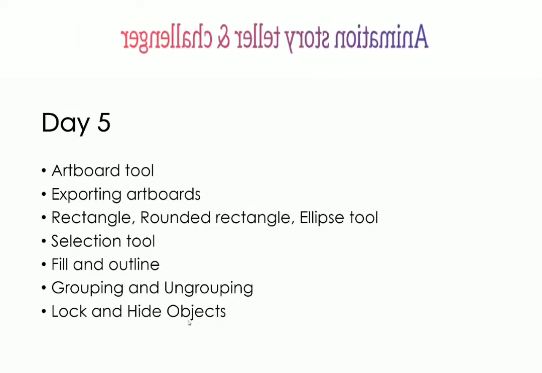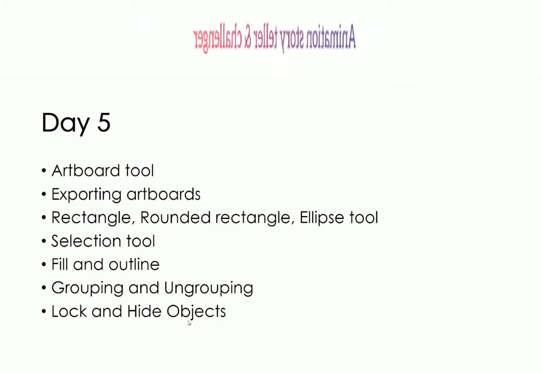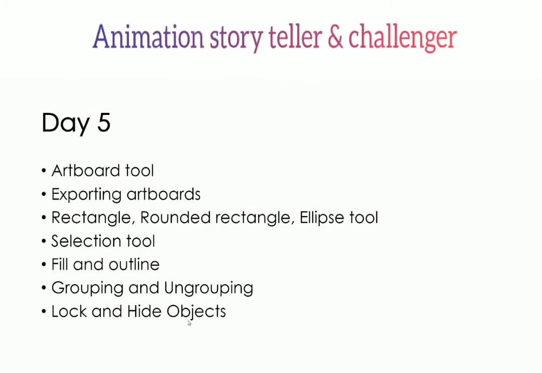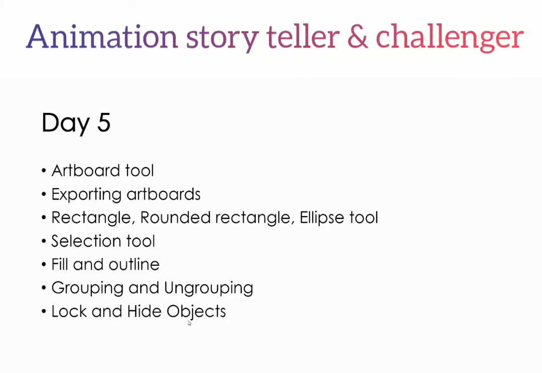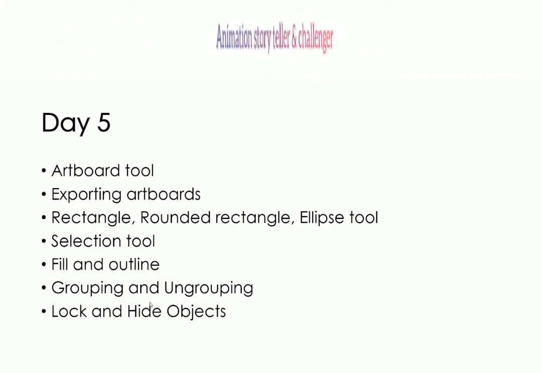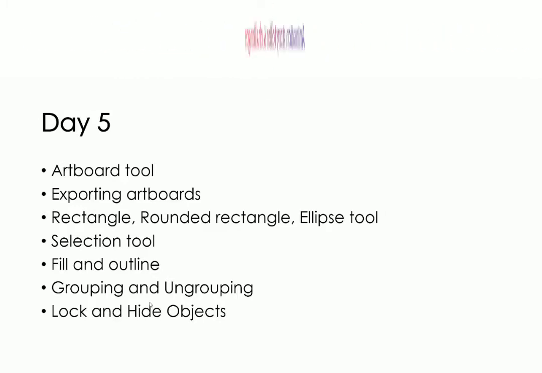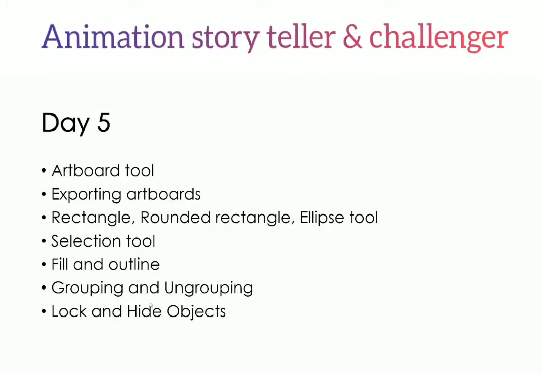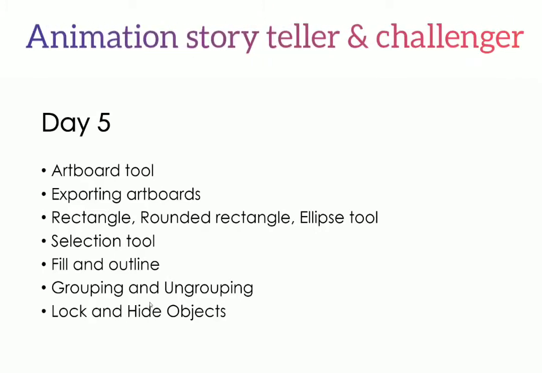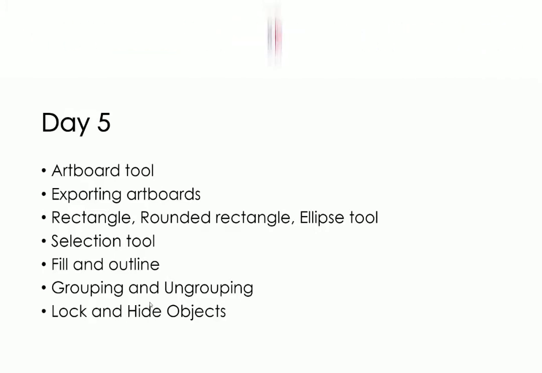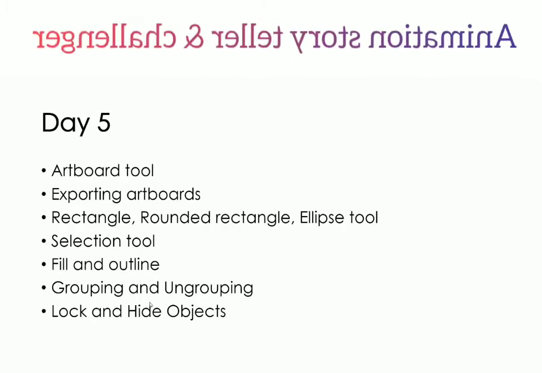If you have worked on Word or PowerPoint or any of these kinds of software before, then you must be familiar with the terms grouping and ungrouping. It works almost the same way here in Illustrator, though in Illustrator you get deeper control over this. That's the only difference.